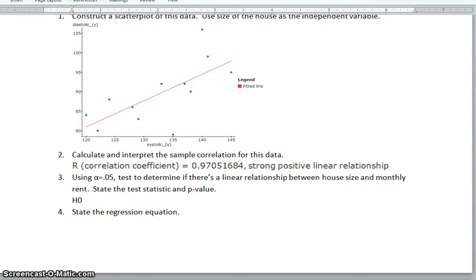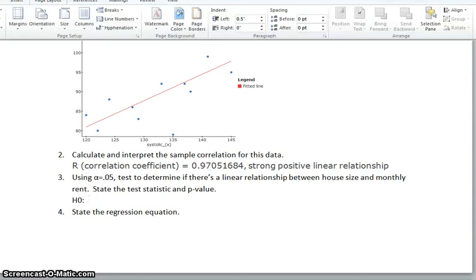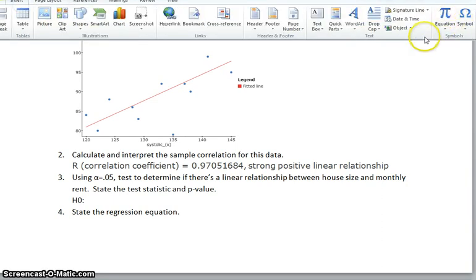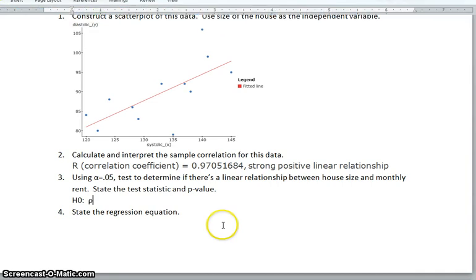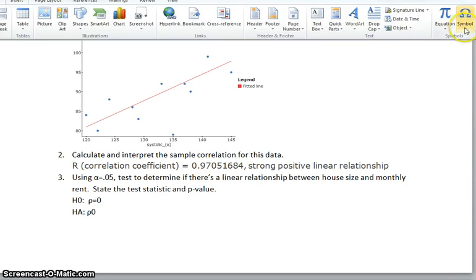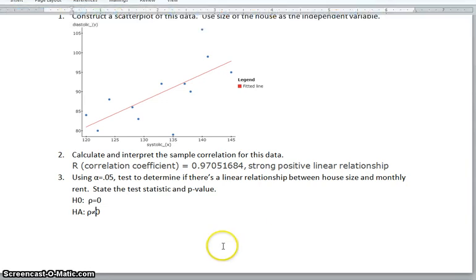So, H naught will be rho, and you can go and get that from symbols, equals 0 versus the alternative hypothesis, rho not equal 0. And you can also get the not equal to from there too.